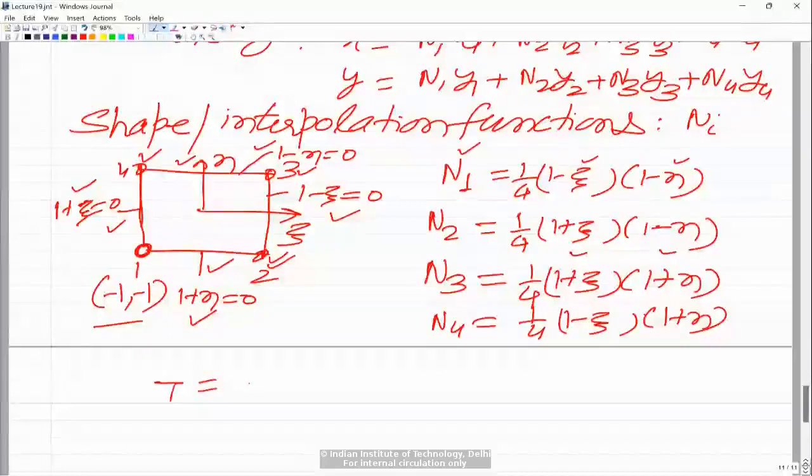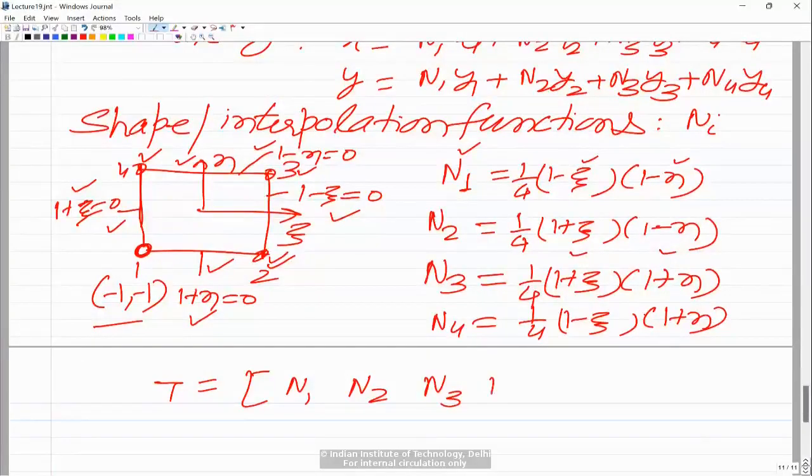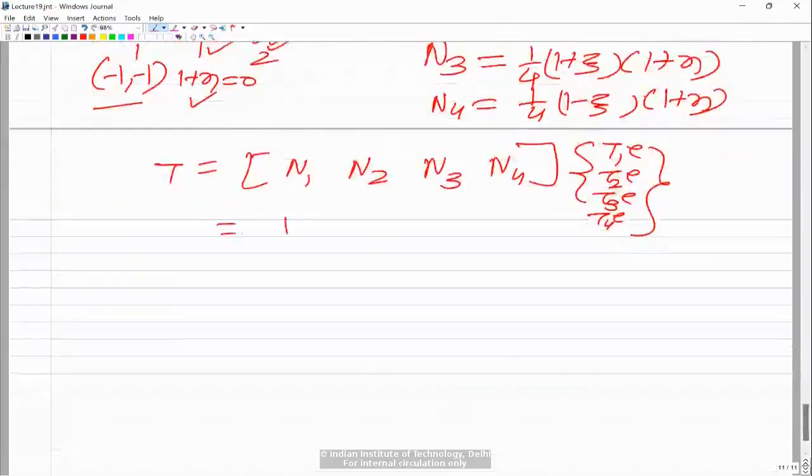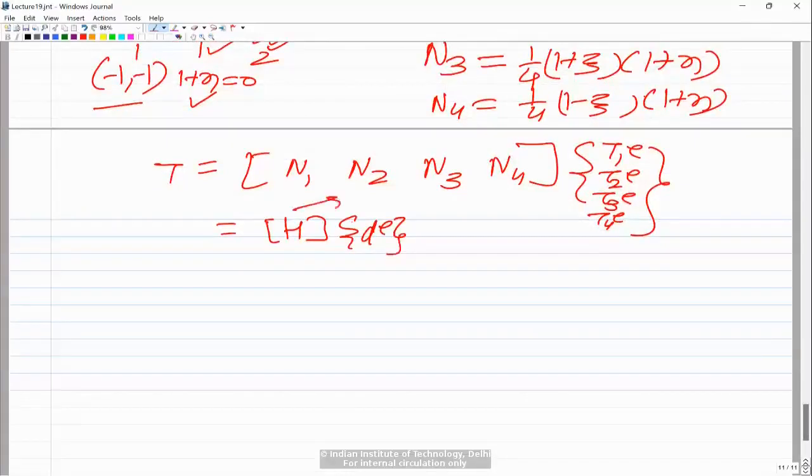T can be written in terms of these shape functions N1, N2, N3, N4 into T1e, T2e, T3e and T4e. And this can be written in our standard notation as H into D, where this is H and this is D. So this is equal to T.